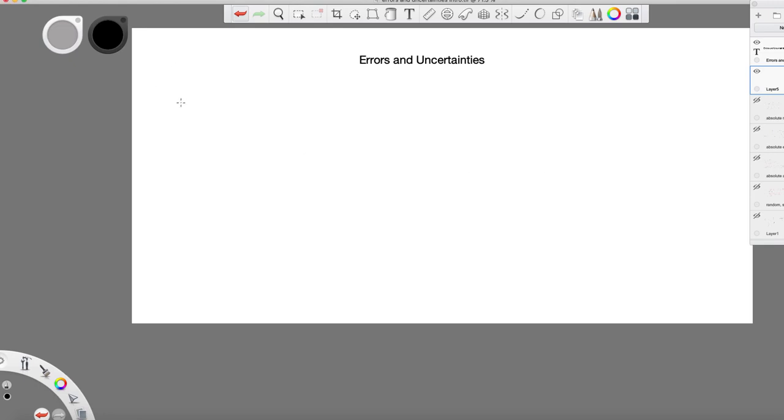So if we look at percentage uncertainties, this is everything else we use this for. All other mathematical functions: products, quotients, exponentials, all work like this.